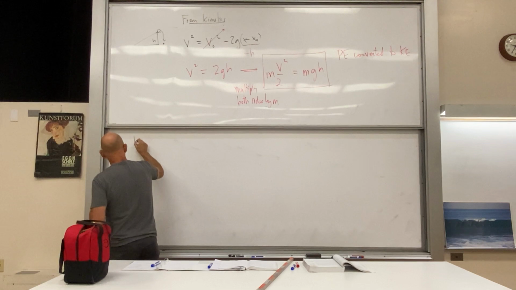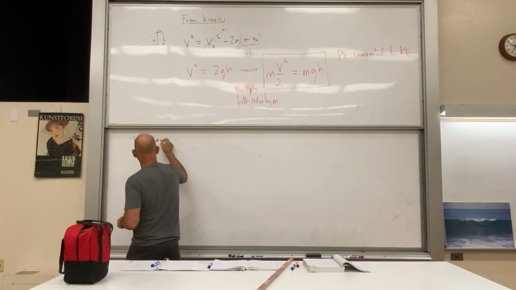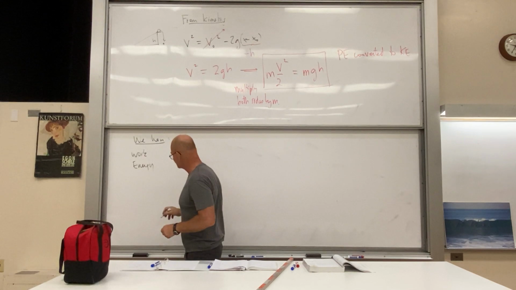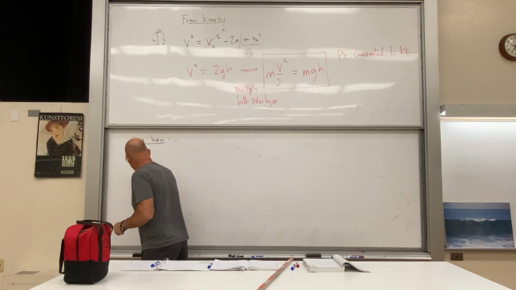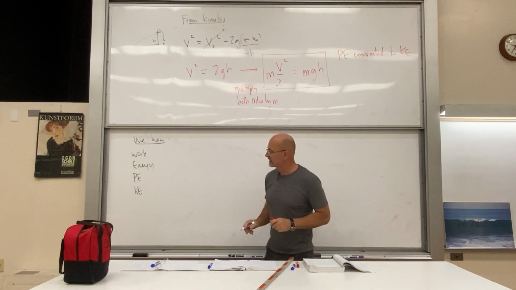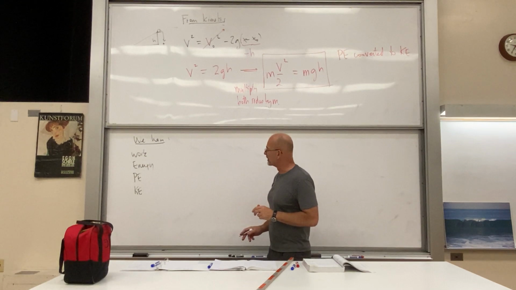So far we have work, right? And then we have the concept of energy, then we have the concept of potential energy, and now we have the concept of kinetic energy. So everything is in place. Each of these I have a good example for. Right?